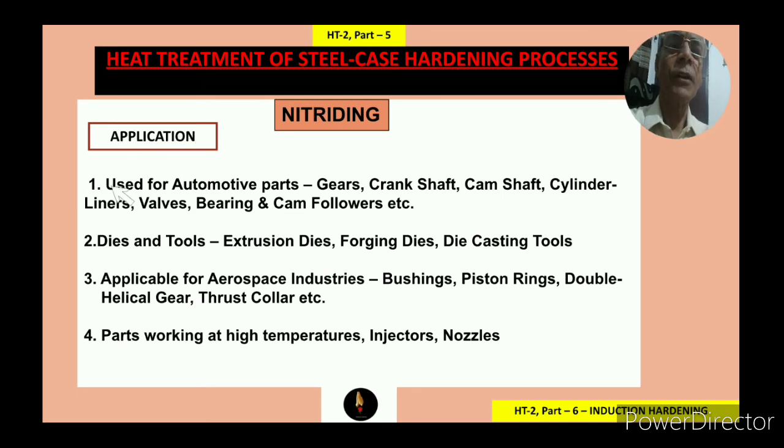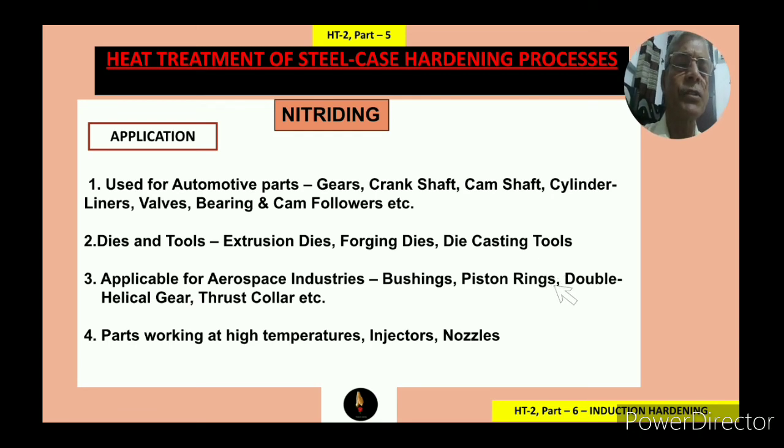Now, applications. Nitriding is used for automotive parts such as gears, crankshafts, camshafts, cylinder liners, valves, bearings and cam followers. All these things we use nitriding as a surface hardening process. Then dies and tools, extrusion dies, forging dies, and die casting tools are also nitrided for getting a good surface hardness.